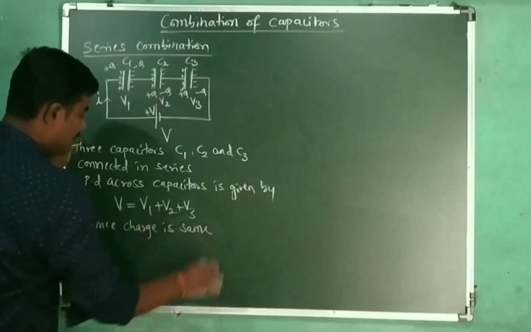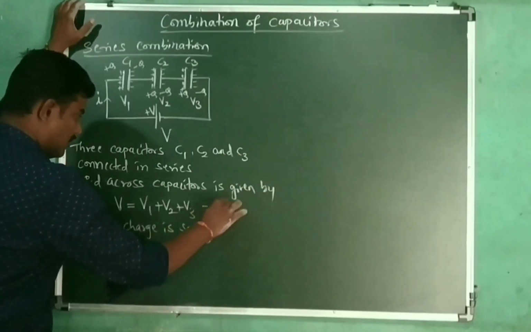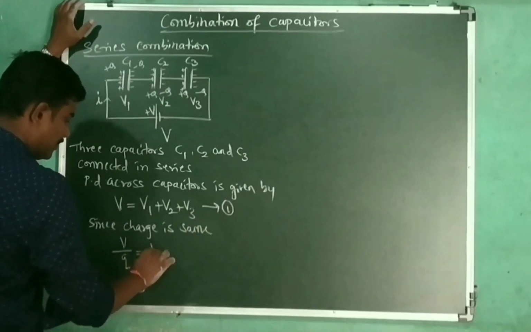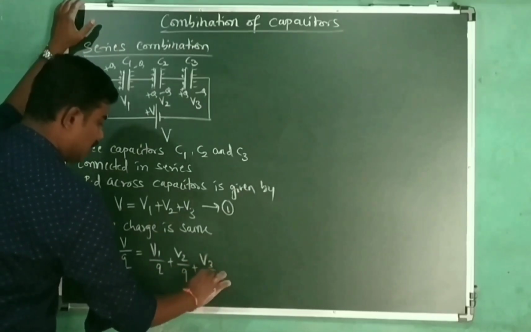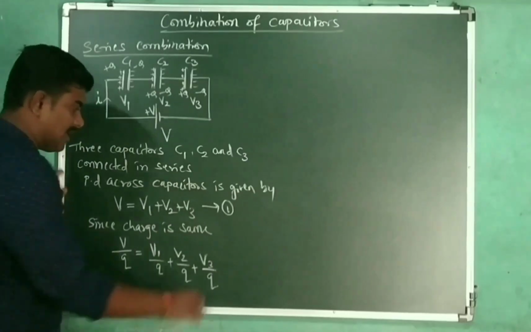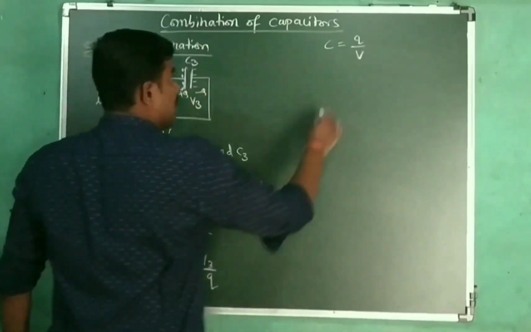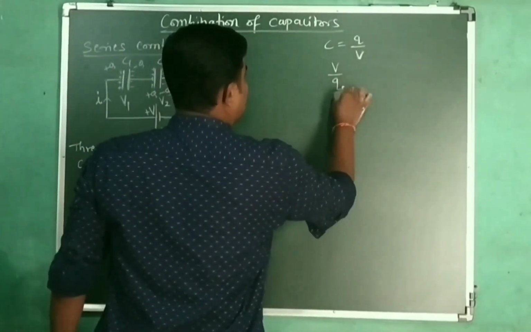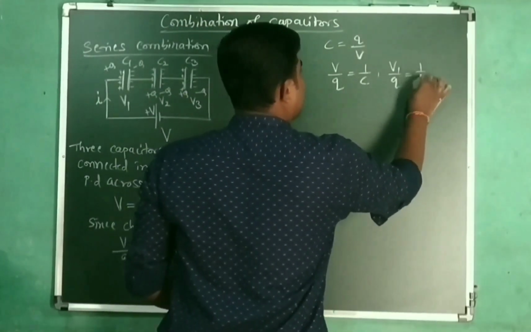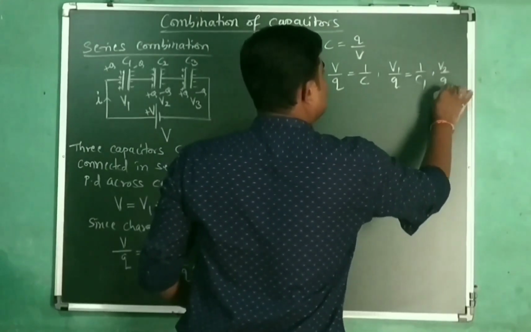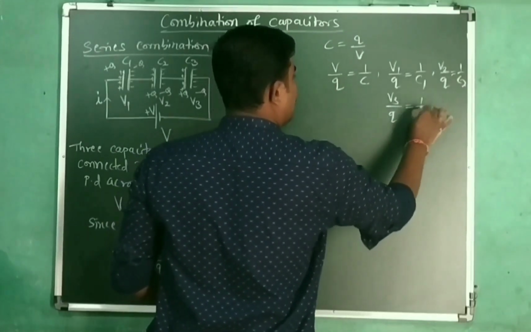let us divide the first equation by charge q. V1 by q plus V2 by q plus V3 by q. See here, V by q is there. As we know, C is equal to q divided by V, and V divided by q is equal to 1 divided by C. Similarly, V1 by q is equal to 1 by C1, V2 by q is equal to 1 by C2, and V3 by q is equal to 1 by C3.